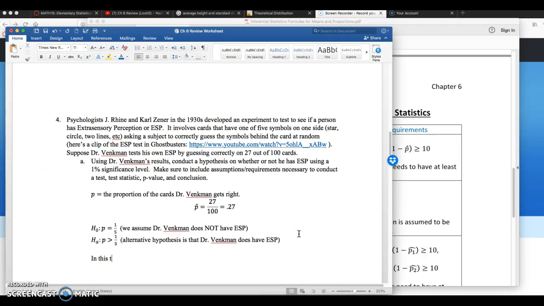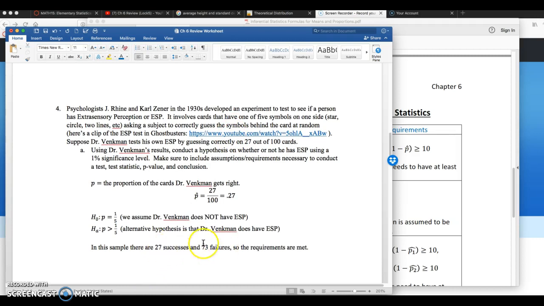In this sample, there are 27 successes, that's 27 out of the 100 cards right. And out of 100, he got 73 wrong. So the requirements are met.